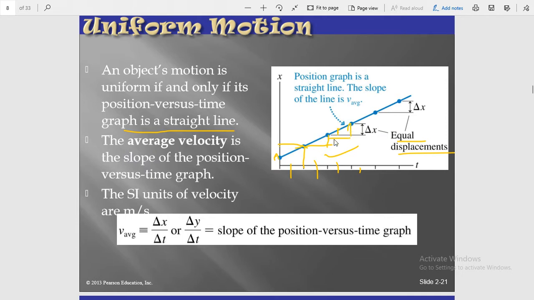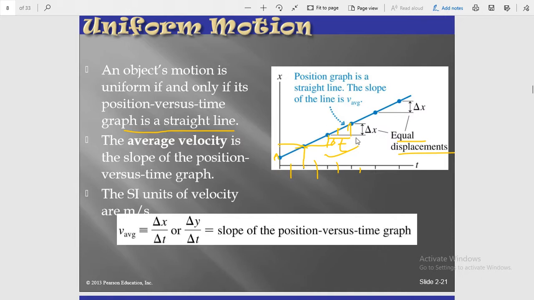This one is delta t, and this one is delta x. So tan theta is equal to this displacement upon this time interval.